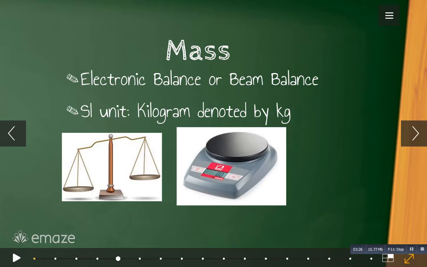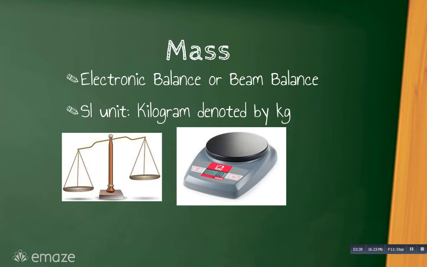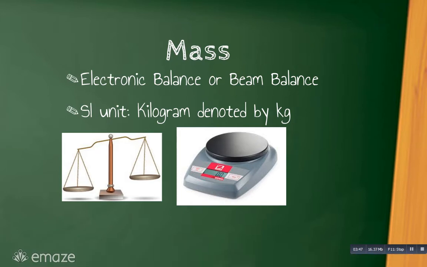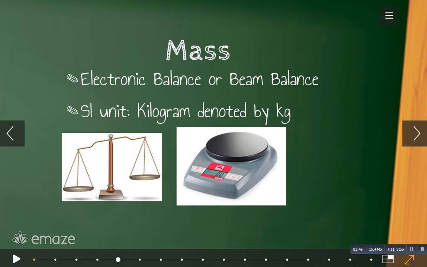It is not used now because it is old-fashioned. You put some weight here and you try to balance it here in order to get the reading. And this is an electronic balance. You simply put the thing that you need to measure over here and it will show you the reading right here, the 00 shown right in there.